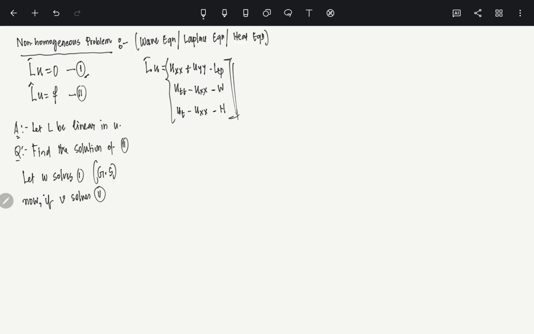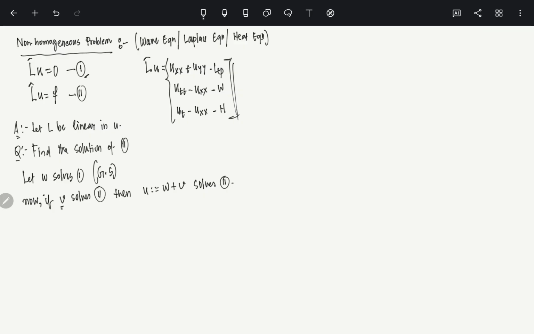Let's say by some hook or crook, we don't know how right now, but somehow we get to know that there is one solution of 2. We can take that solution v. Then you define u, which is w plus v, and it solves 2.